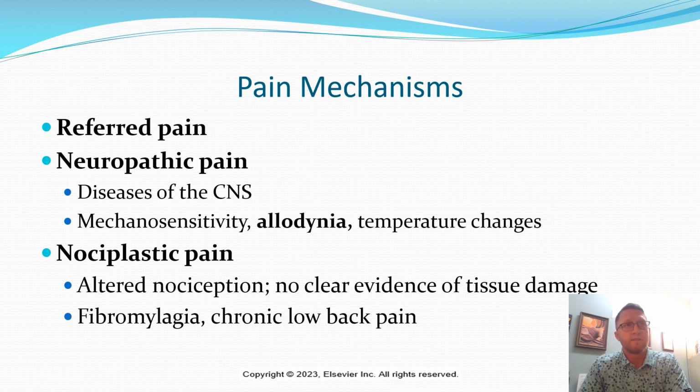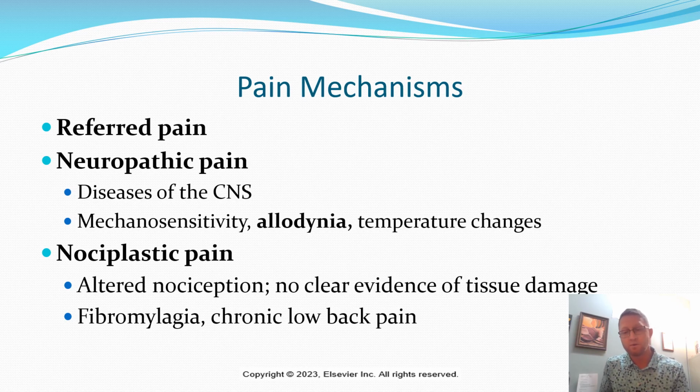We're going to also look at these different pain mechanisms. So we have what we call referred pain and neuropathic pain, and then that nociplastic pain. So referred pain is essentially pain that you're experiencing, let's say in your thigh, that is not really originating from that area. So you're feeling pain in your quadriceps, but the injury is really at your low back area.